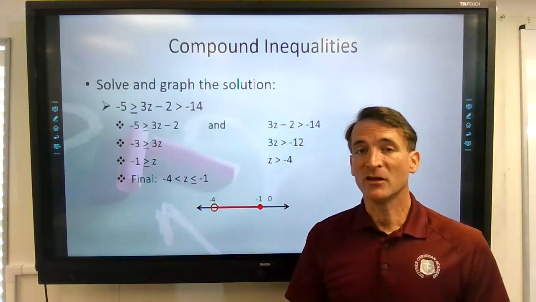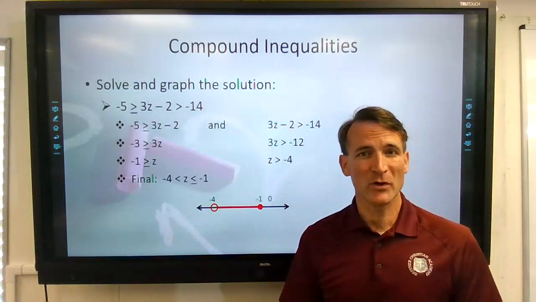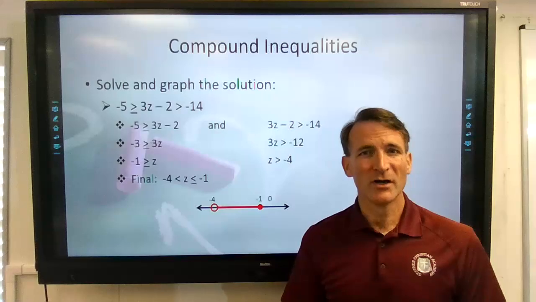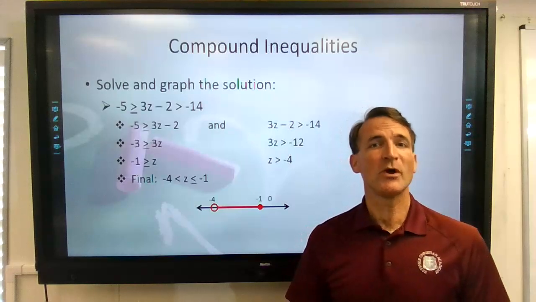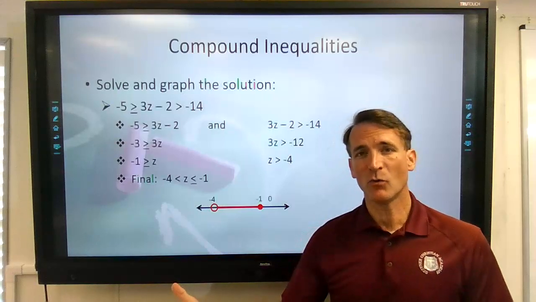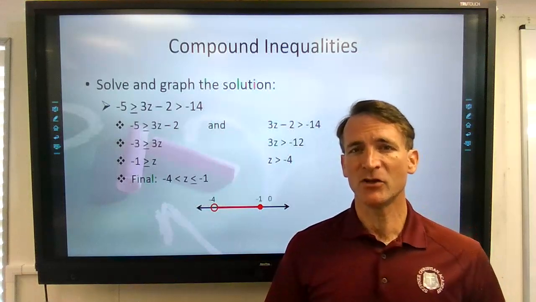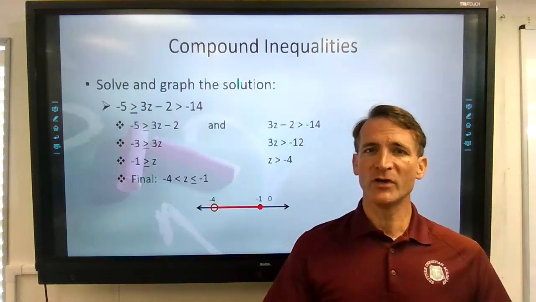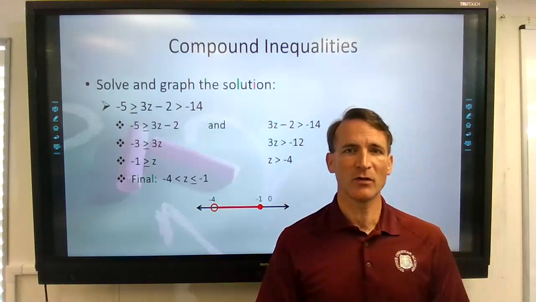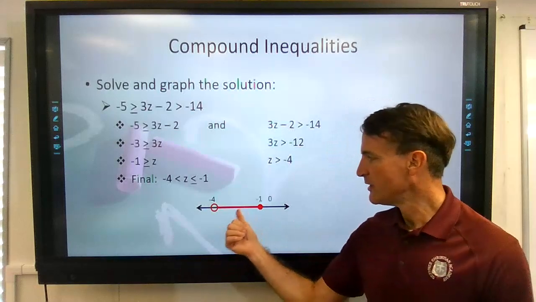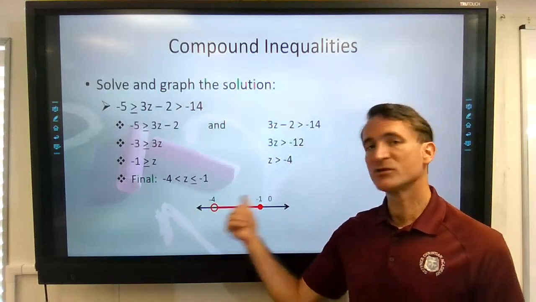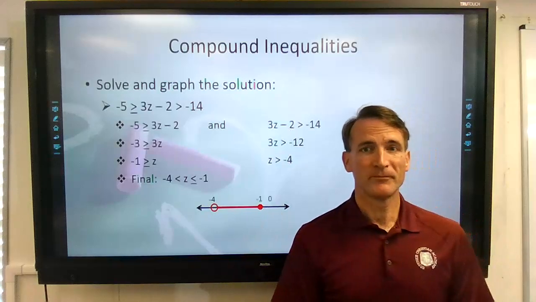I would, again, encourage you to do that on tests and quizzes. It is a good idea to always check all three portions of your number line, both the portion that works and the portions that do not work.